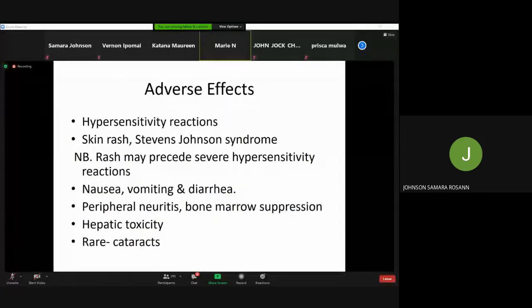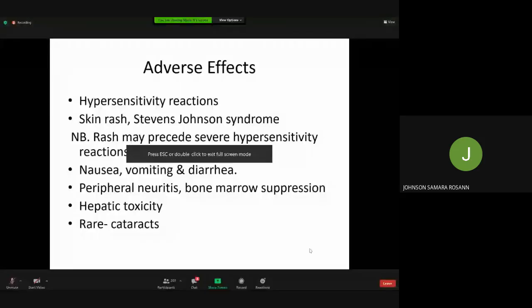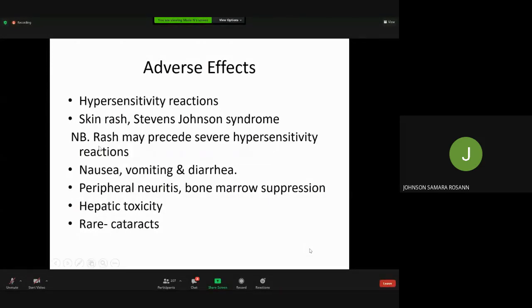So it's a very severe condition that can lead to death, because now you start losing fluids through the skin. So you need to remember that allopurinol can cause very severe skin hypersensitivity reactions. If your patient starts complaining of a skin rash, just stop the drug and change to something else, because that rash can develop into something very severe known as SJS.